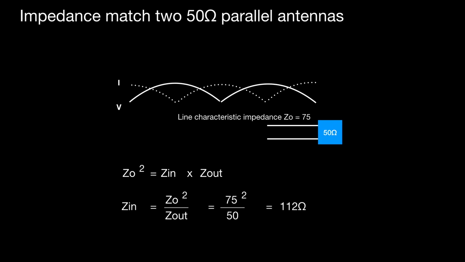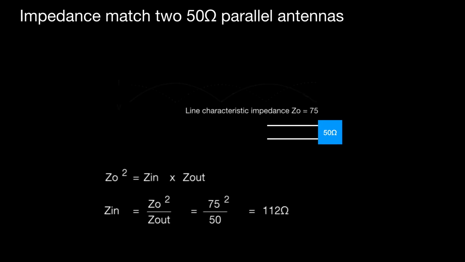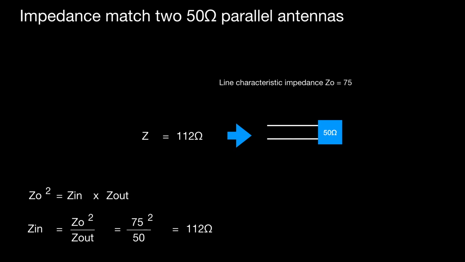So using a quarter wavelength of transmission line, or coax, connected to our Yagi antenna, we've transformed the impedance to 112 ohms. So there we are, 112 ohms, looking into the quarter wavelength of 75 ohm characteristic impedance coax and the Yagi.